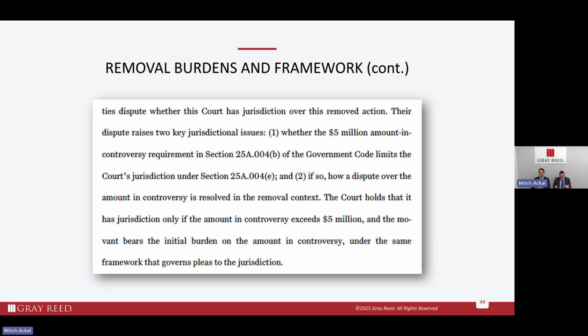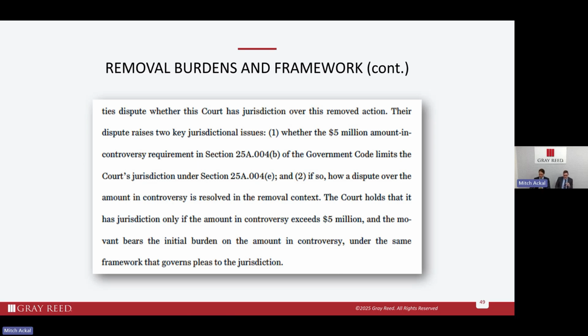This opinion goes on to hold that initially the removing party has to make some kind of prima facie showing that the amount in controversy requirement is met. Once that showing is made, the burden shifts to the party seeking remand to show that the amount in controversy is either fraudulently pled or somehow lacking in order to obtain remand back to district court.